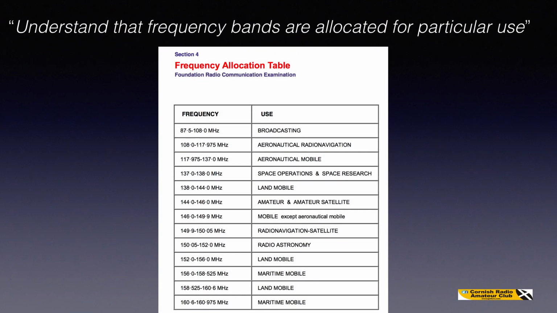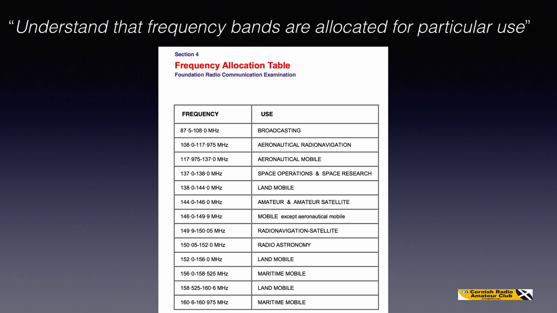Understand that frequency bands are allocated for particular use. This is an example of the sheet you will have in the examination. It's designated as EX301. If you like, it's the handout that you can use to answer some of the questions. In fact, you will need it, because you won't memorize, nobody would, all of the facts on that handout.